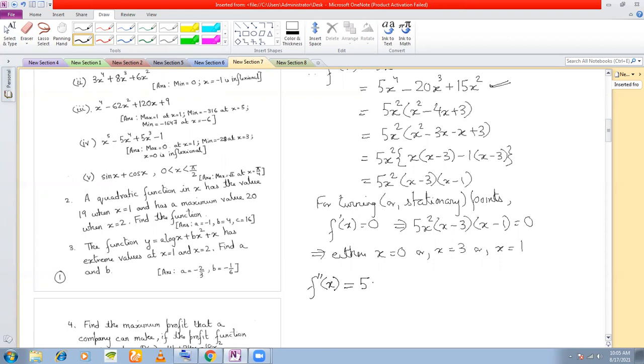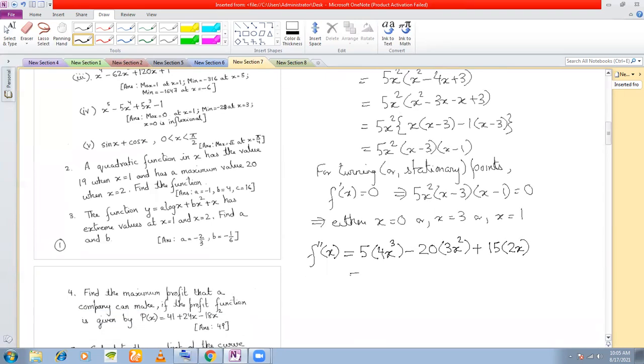We have 5 into 4x cubed minus 20 into 3x square plus 15 into 2x. Okay, so this will come to be 20x cubed minus 60x square plus 30x.